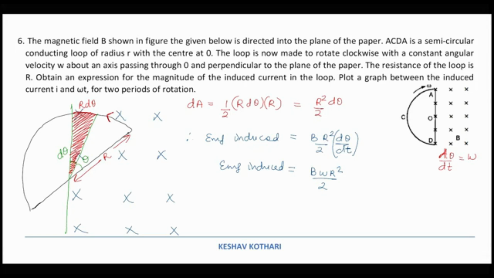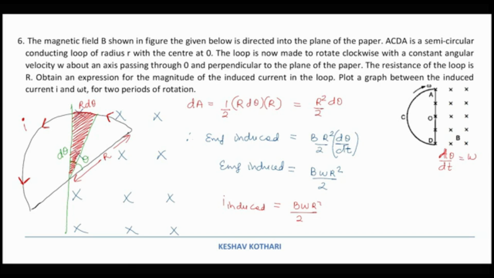The induced current is such that it opposes the cause producing it, and we treat anti-clockwise current as positive. The current induced can be written as EMF upon resistance, so it will become B omega r square by 2 upon the resistance of the loop.